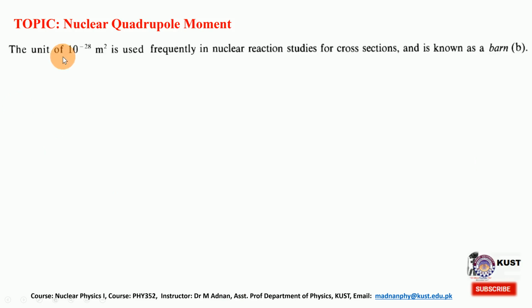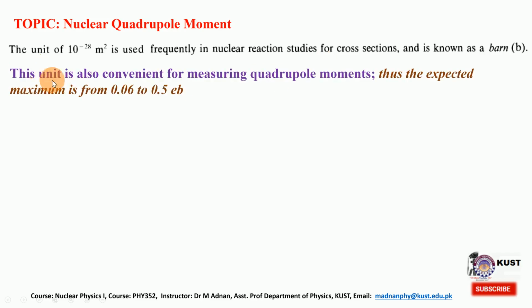Now the unit of 10 to the power minus 28 meters squared is used frequently in nuclear reaction studies for the cross sections, and it is known as the barn. So the unit is also convenient for measuring the quadrupole moment.